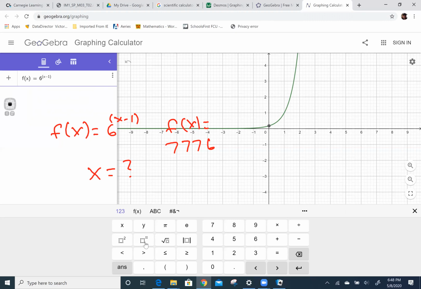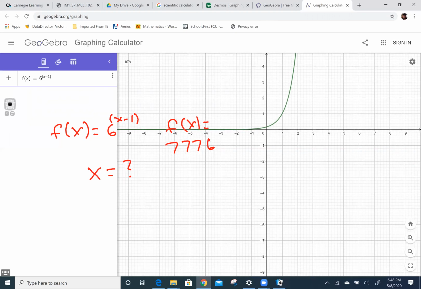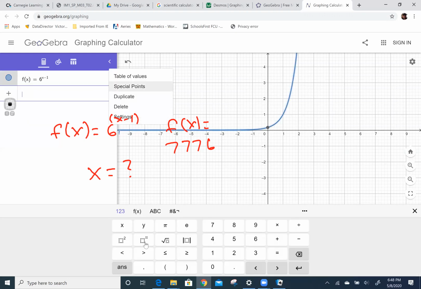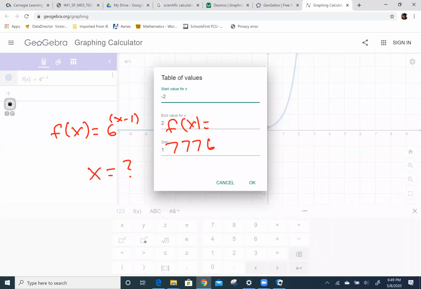So I can try to see if it's giving me the point here. Looks like it's not giving me the point. So what I'm going to do is click on these 3 dots right here, and I'm going to do table of values. And I'm going to change it from -10 to +10. I'm going to go ahead and erase this part just in case anybody is having trouble.